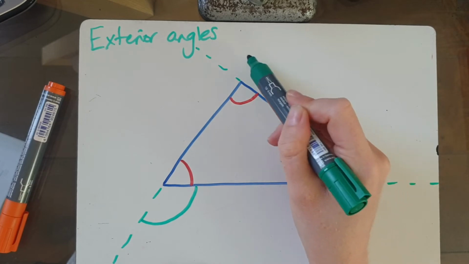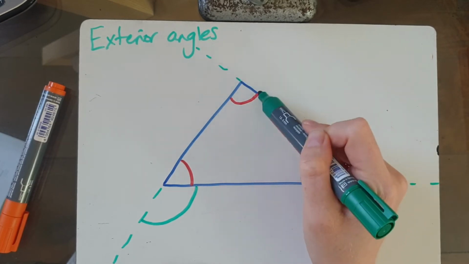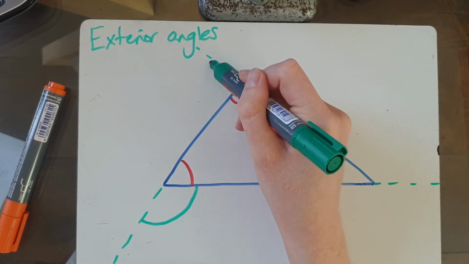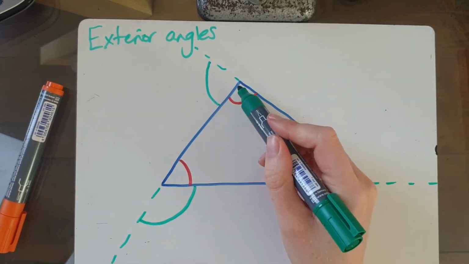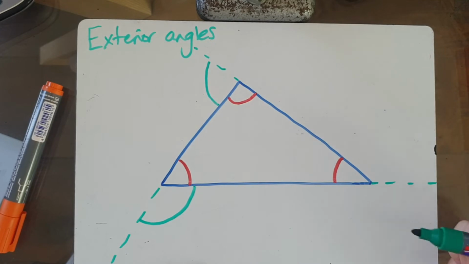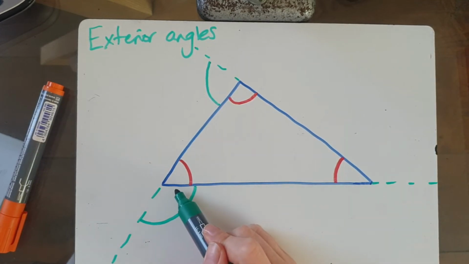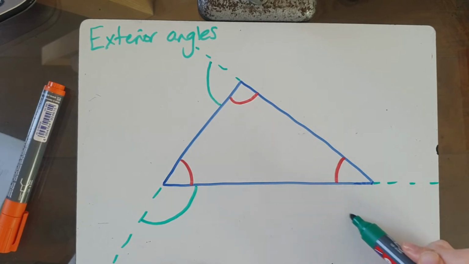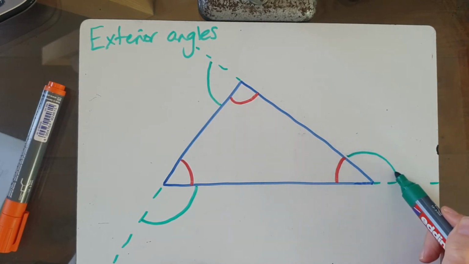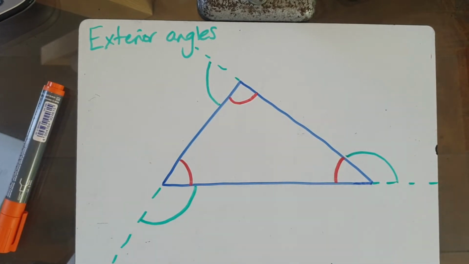Here, this is not the exterior angle, this is a straight line, so it's 180. This is the exterior angle at this point on the triangle. And finally here, we've got this side extending with a straight line. So this is 180. This is the exterior angle.